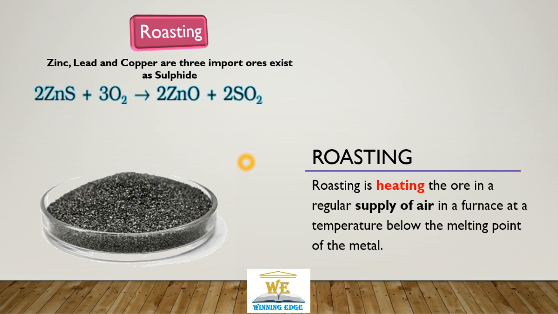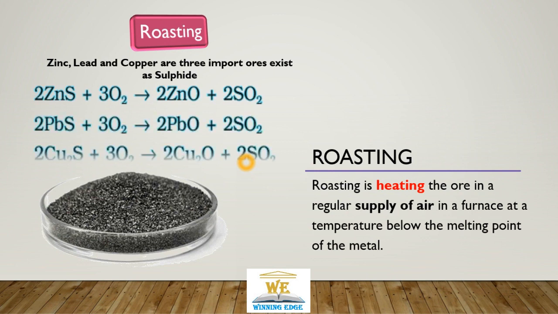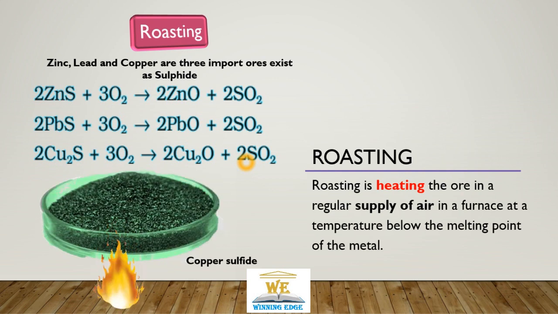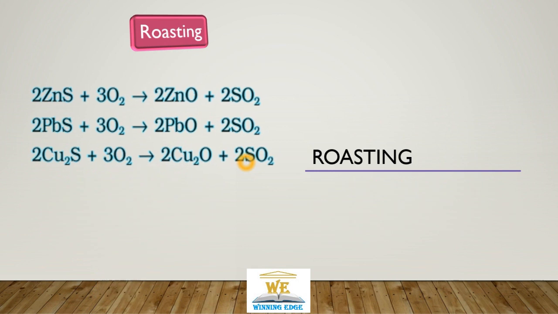Zinc sulphide goes to zinc oxide, lead sulphide goes to lead oxide, copper sulphide goes to cupric oxide. If we heat this copper sulphide ore, what will we get? Copper oxide, which is the reducible form.